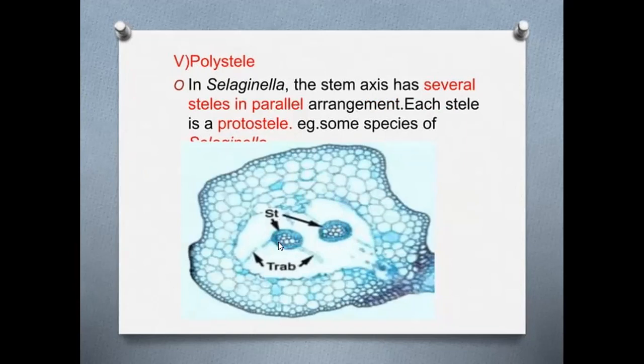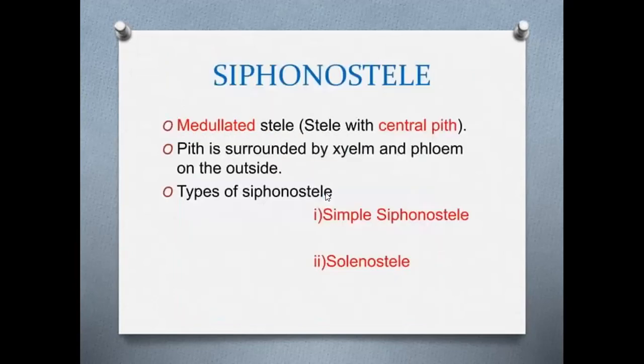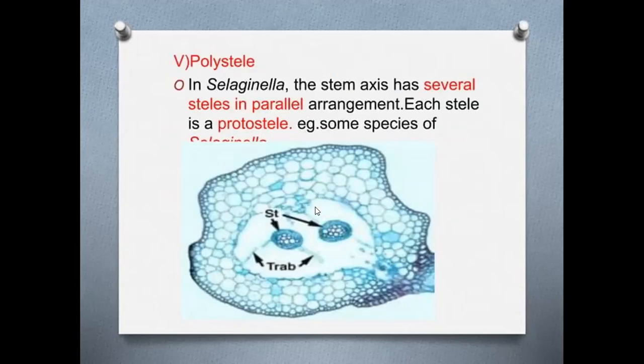This is another protostele. If the stellar region consists of more than one protostele, then such a type of protostelic condition is called polystele. So this is an example we can observe in the Selaginella. So this is about the first type of stellar evolution, the stele what we observe in the pteridophytes.